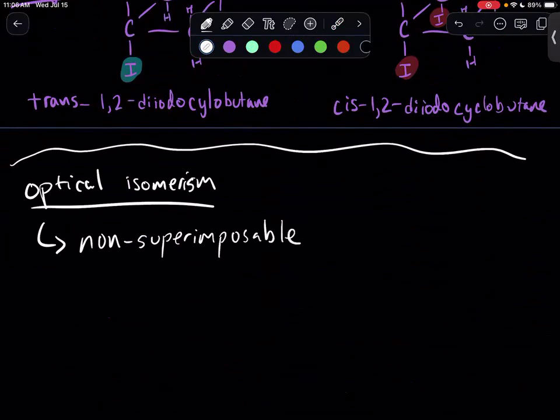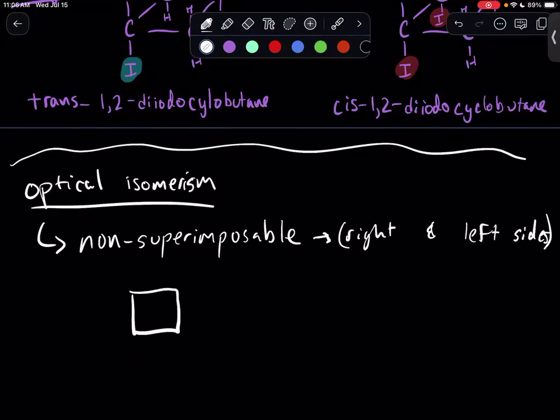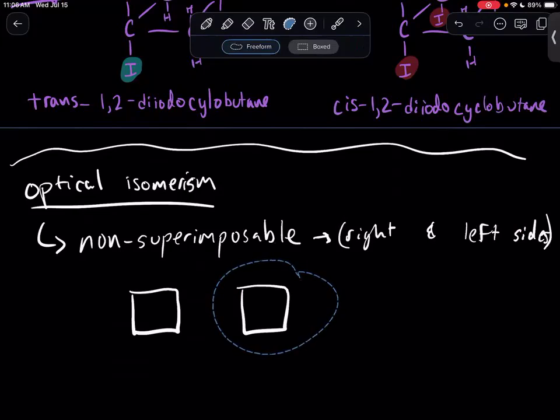So, for example, non-superimposable just means that we have right and left sides. If I were to take a box and a box, this is superimposable. I can put the boxes over each other and they're essentially the same. Now, if my drawing was perfect, they would be exactly the same.